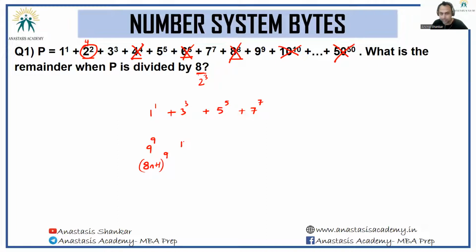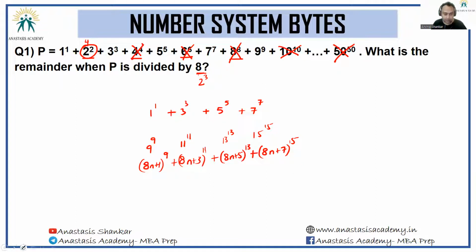And for 11 raised to the power 11, it is as good as 8n plus 3 raised to the power 11. Similarly, for 13 raised to the power 13, it will be 8n plus 5 raised to the power 13. And finally, for 15 raised to the power 15, it would be 8n plus 7 raised to the power 15. This much is going to be identical.